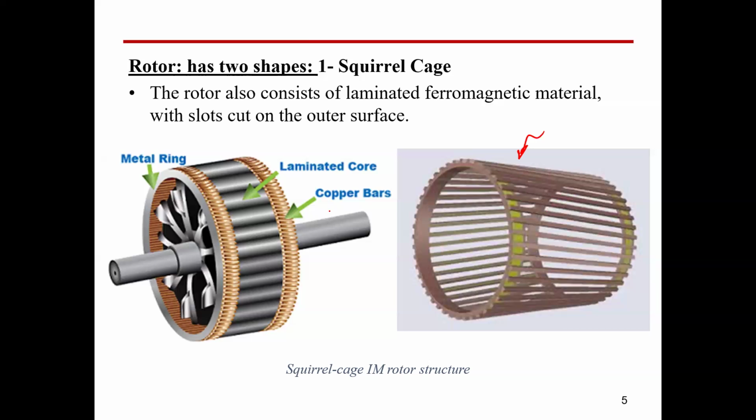Again, here is our core, and on the core itself we have some holes to insert the machine bars, and then we put two rings on both sides in order to make this cage. So this is called the squirrel cage rotor of the induction machine.